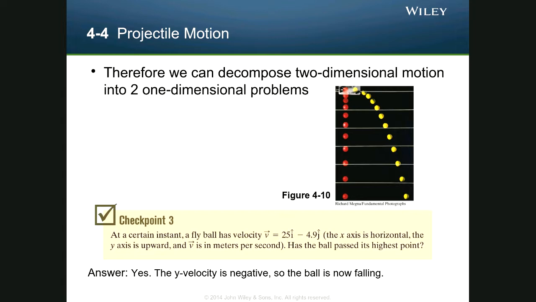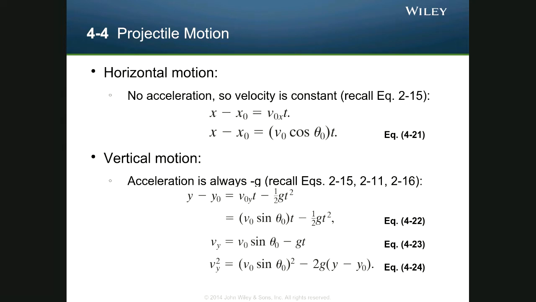Okay, so now we have our equations. Let's look at what's going on. Since we can break things into x and y motion, remember ax equals 0. Therefore delta x is going to be equal to v naught x t.